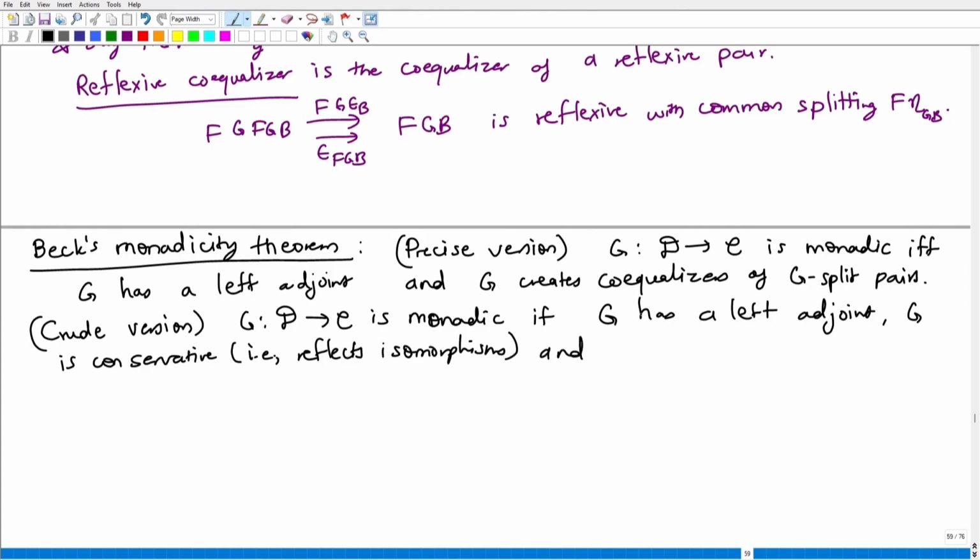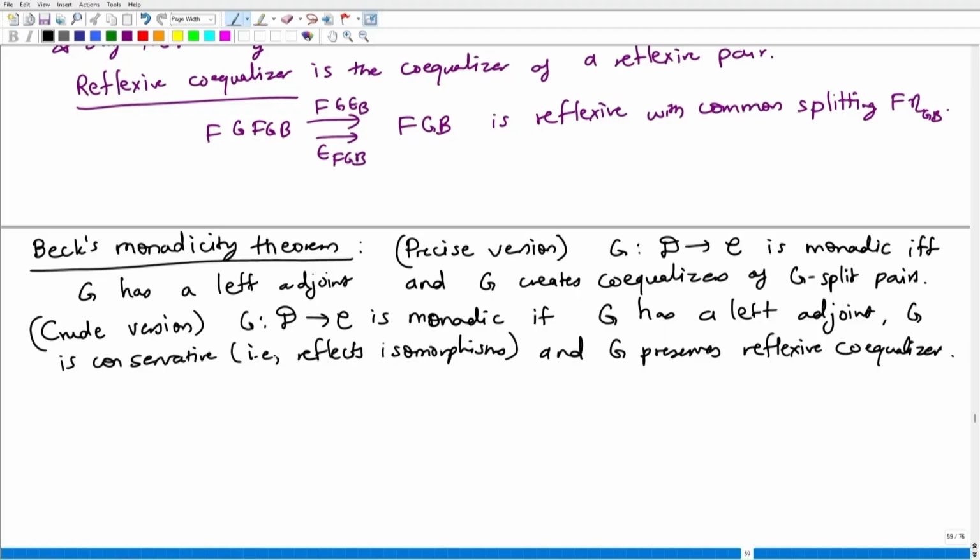And G preserves reflexive coequalizers. Okay, so this is a sufficient condition, but not a necessary condition. Okay.